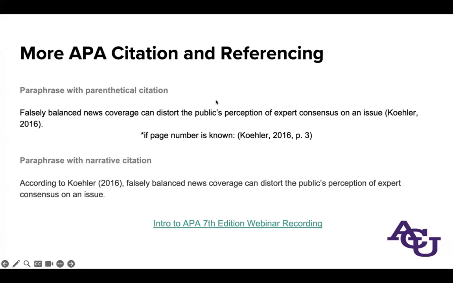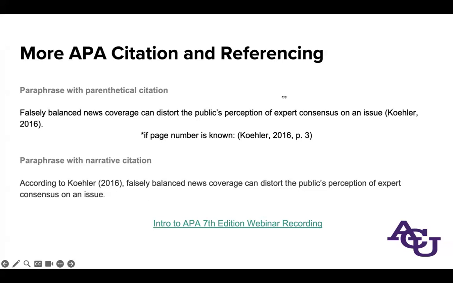If you're on the ACU library database and you find an article that you want to use, there is a feature that says cite, and if you click on it, it will show you what that source would look like cited in MLA, Chicago, APA, and you can literally copy paste from the library database onto your document for your assignment.